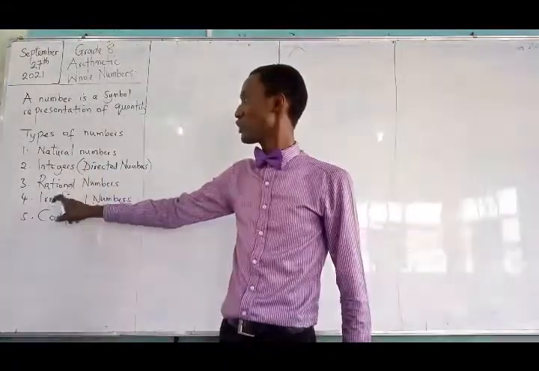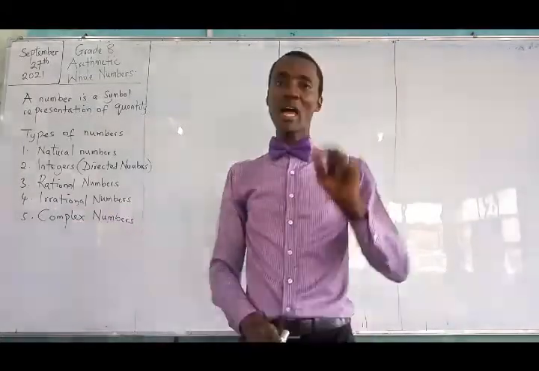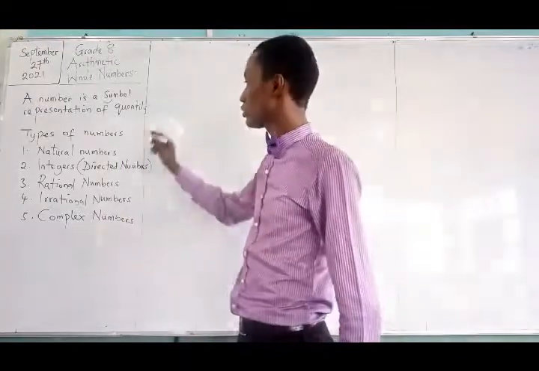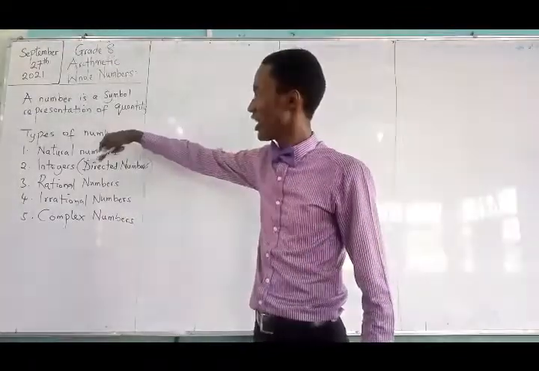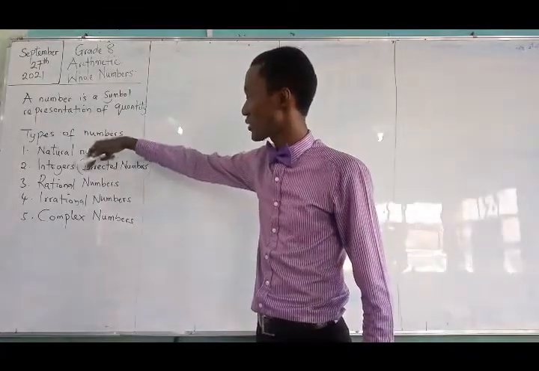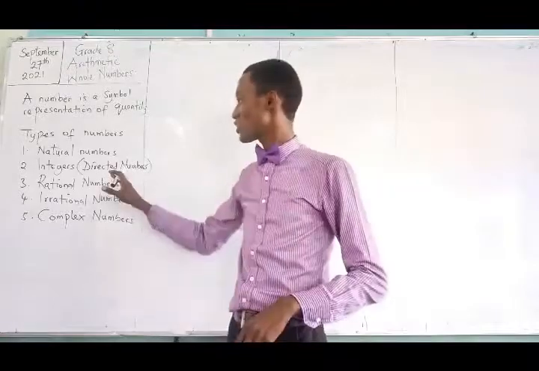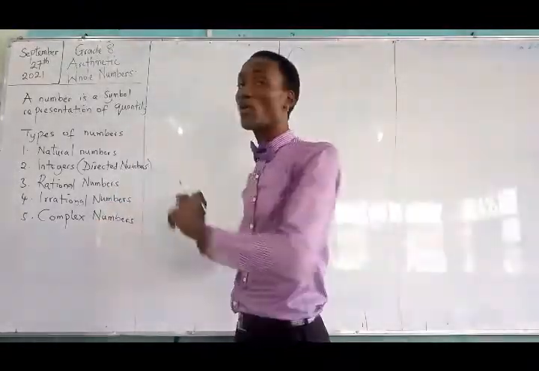Number 3, rational. Number 4, irrational. And number 5, complex numbers. At grade 8, which is JS2, you should be conversant with natural numbers, integers, and what? Rational numbers. That will just be okay for you for now. Irrational, complex numbers will come up later. Okay, that's just by way of introduction.